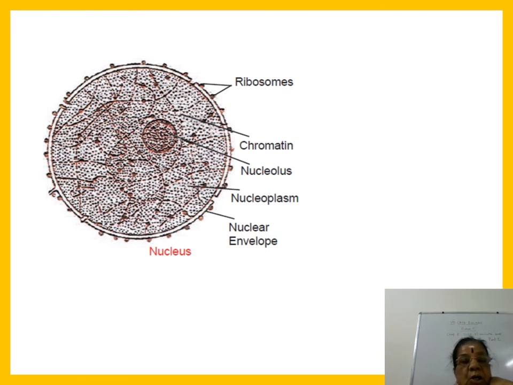And then all this network is called chromatin. This chromatin, normally we call it a network of chromosomes. And this chromosome in turn is formed of DNA, deoxyribonucleic acid. And this DNA in turn is formed of genes, which are the carriers of hereditary characters.